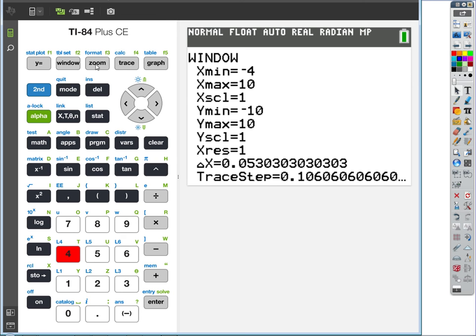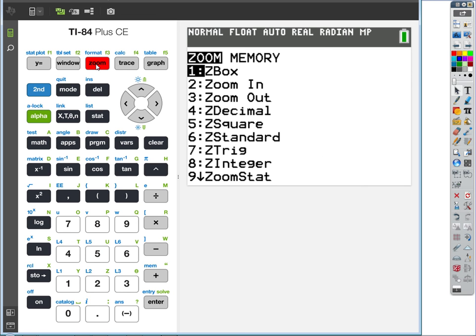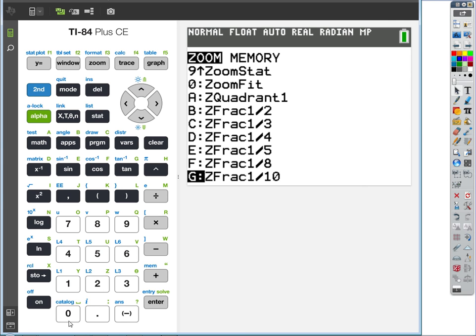Zoom 0, which is zoom fit. It'll choose the y's so that my function is displayed using the entire vertical aspect of the window. That looks pretty good, except that's slightly different than what we drew. What's it missing? It's missing the holes.